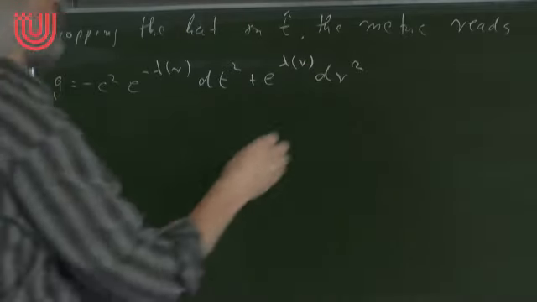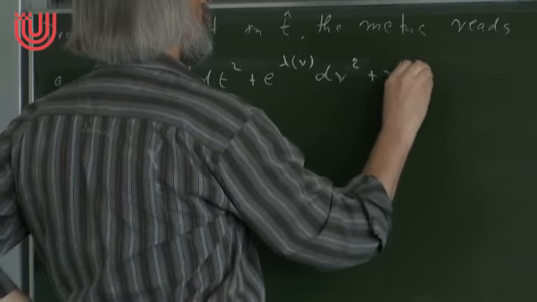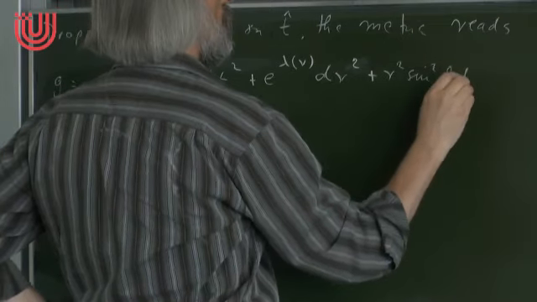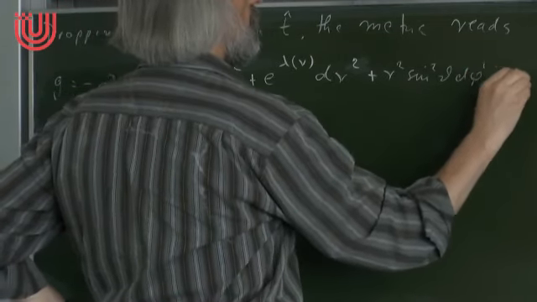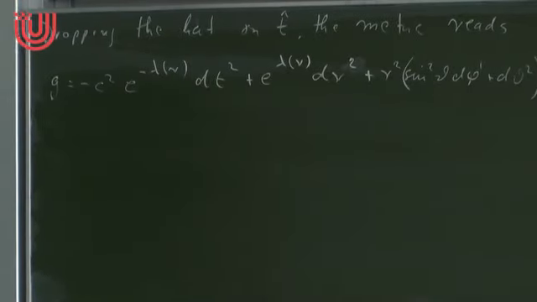And the angular part, we haven't done anything to the angular part during the whole calculation. d phi squared plus d theta squared. So what has become of our system S1 to S4?